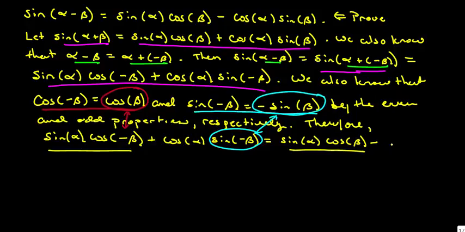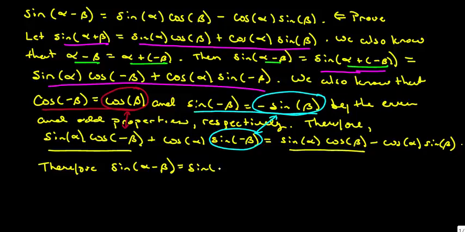So it's going to be minus now cosine alpha sine beta. Therefore, sine alpha minus beta is equal to sine alpha cosine beta minus cosine alpha sine beta.